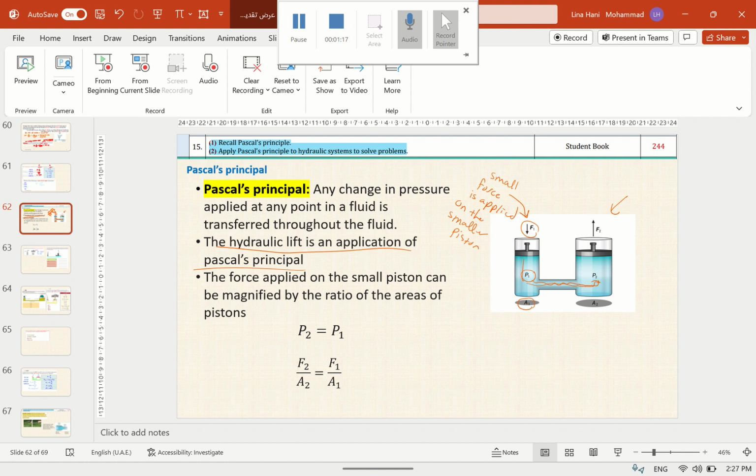So in this piston, the bigger one, we place objects that we need to lift. So here we have a bigger force from the bigger piston. And we usually lift objects on this piston.